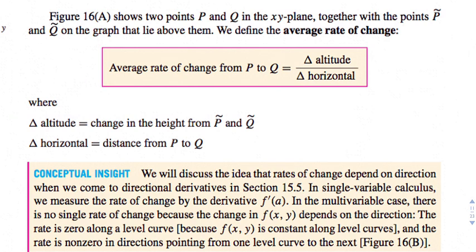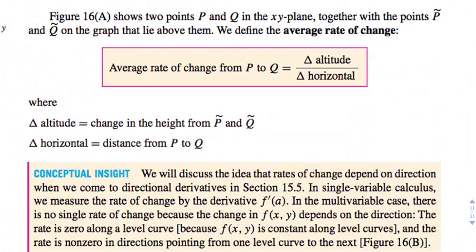So we introduce this notion of average rate of change from P to Q. In the 2D sense, it's the rise over the run. In the 3D sense, it's the change in altitude over the change in horizontal. That matches the rise over run notion we know from the past. The change in altitude is the change in height from P tilde to Q tilde, and the change in the horizontal is the distance from P to Q.